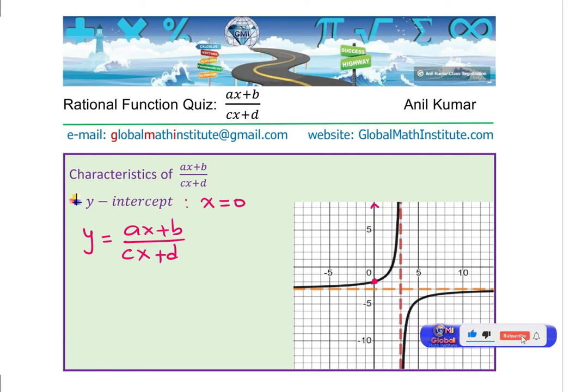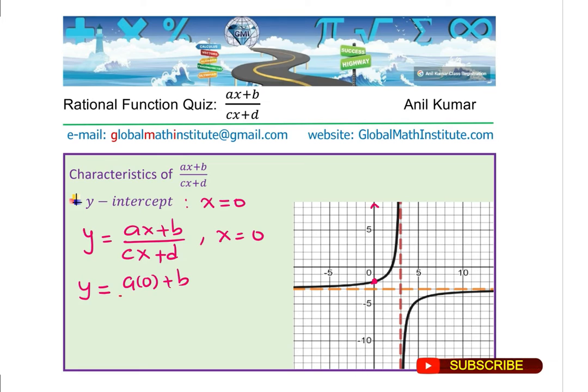So if I equate x equals 0, what happens? Very clearly, we get y equals a times 0 plus b over c times 0 plus d, and that is the ratio b over d, right? So that becomes the y-intercept.